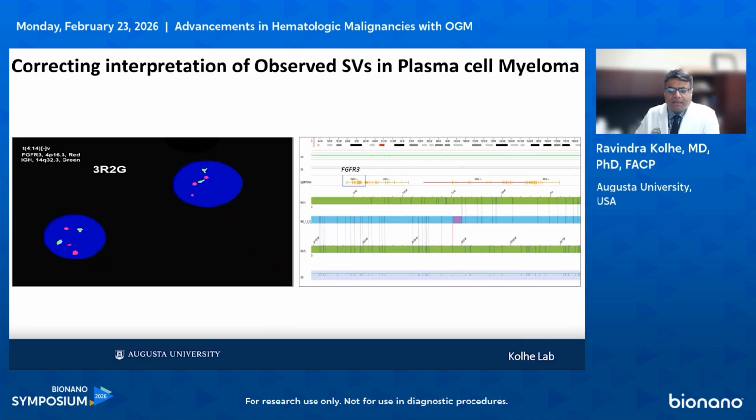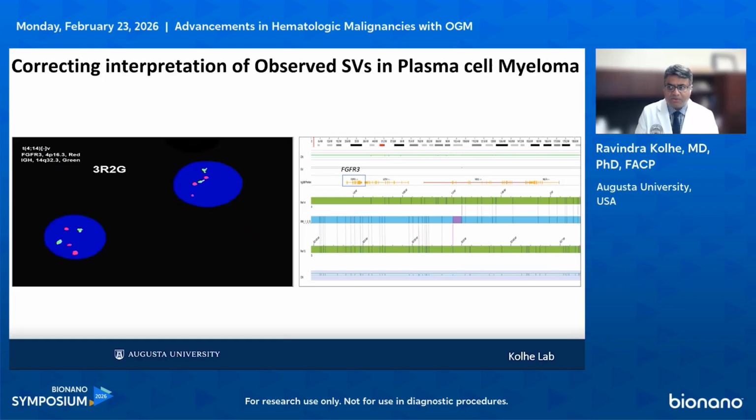This is another case of correcting the interpretation of a structural variant in plasma cell myeloma. In this case of plasma cell myeloma, the FISH shows a gain of 1 copy of 4p FGFR3 in 23 out of 50 cells.